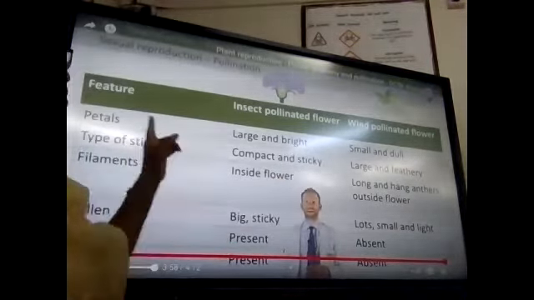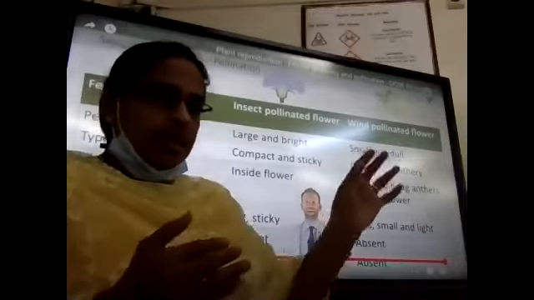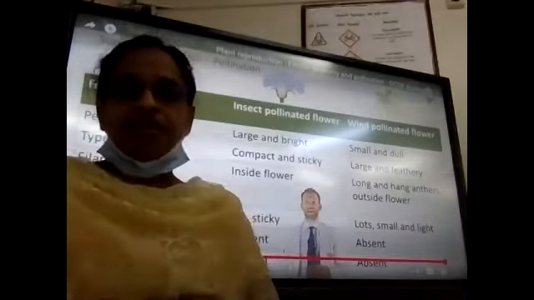The number of pollens, in which flower can it be more? In insect pollinated or wind pollinated? In wind pollinated, because it is not necessary that all the pollen carried by the wind is correctly falling on the stigma.